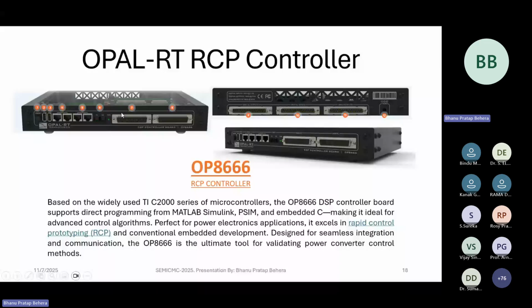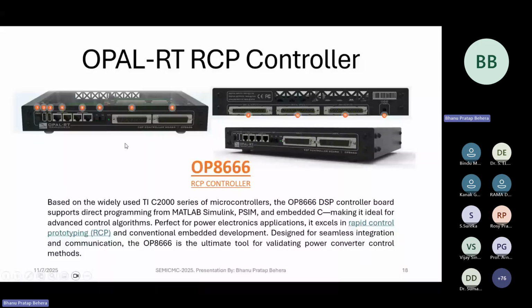So the digital out and analog in interfaces are directly at the level of the real-time target voltage level. Directly from here, you can connect to your real-time targets, and you can dump the code onto the C2000, and you can do rapid control prototyping, as well as hardware in loop, through this controller.